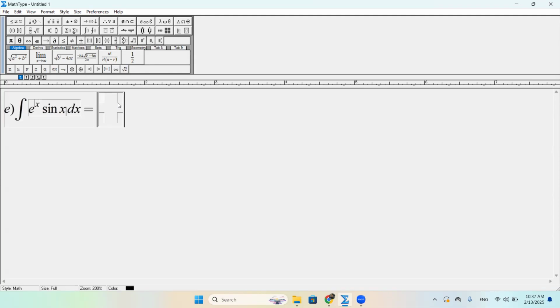We use the exponent as u, so du equals e to the power of x dx. By the way, recurrence integrals must always be taken by parts twice. You will see why.